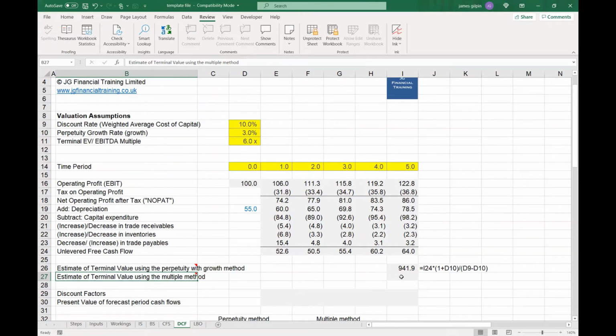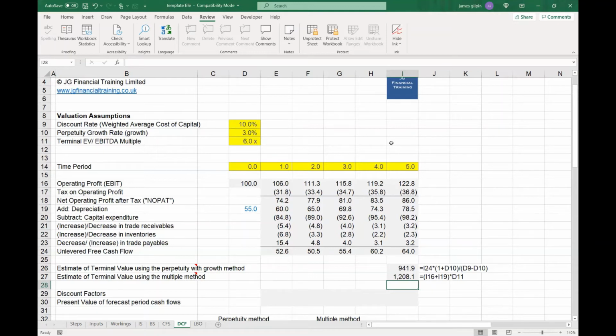So in this case, we want to take the EBITDA, which is going to be my operating profit plus my depreciation. So I16 plus I19, times by that multiple that we're assuming the business would be worth of its EBITDA in year 5. So 6 times the EBITDA in year 5 is another estimate of what we think the business might be worth.